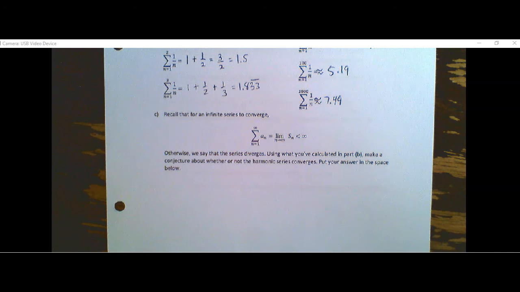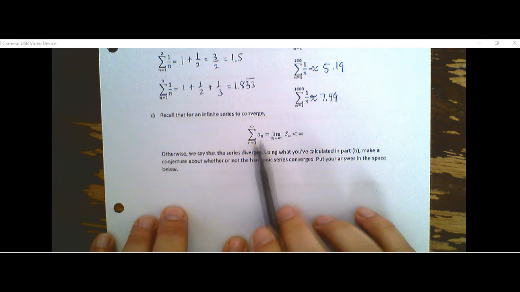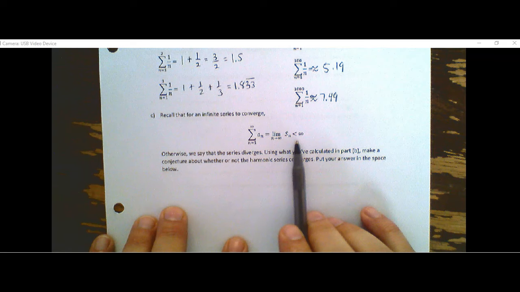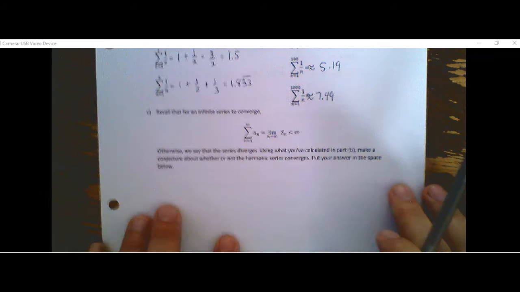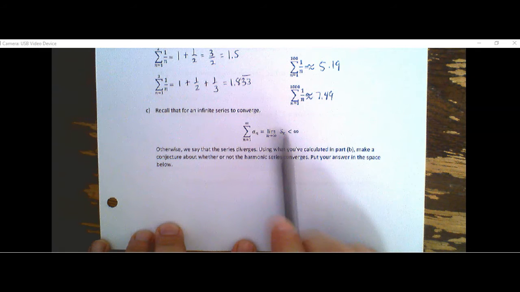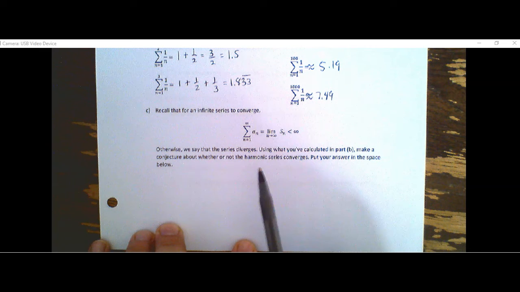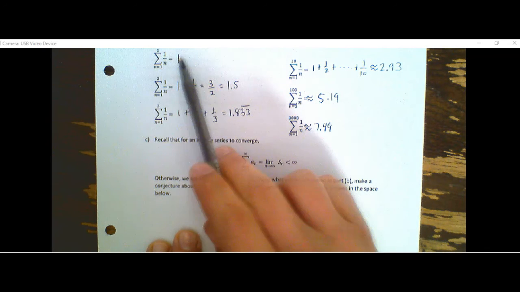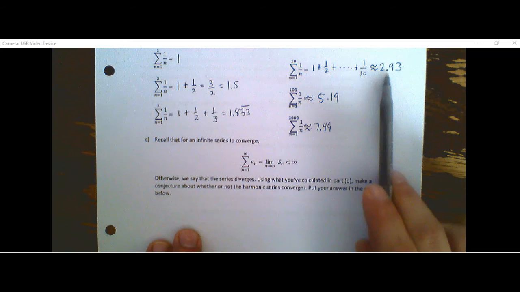Recall that for an infinite series to converge, we need the limit of the nth partial sums to be finite, which means less than infinity. So if the limit of the nth partial sum is finite, then we know that the series will converge. If we look at the pattern here, does it seem like this is leveling off?